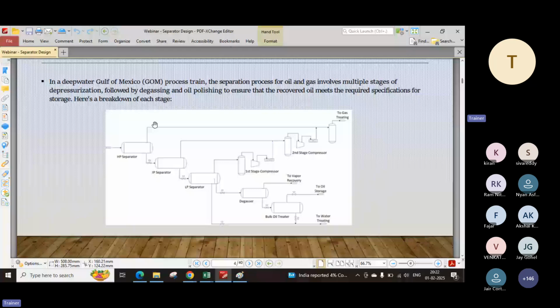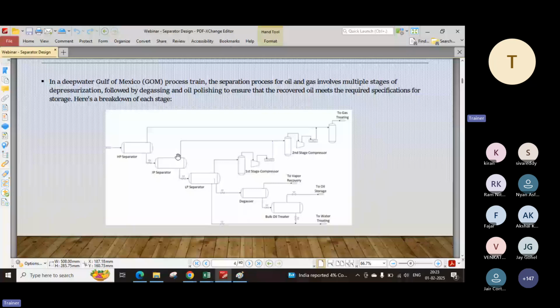The lighter liquid is taken to the next separator, called the IP separator or intermediate pressure separator, then the low pressure separator. When we have a pressure reduction here, because of the pressure change the lighter liquid will flash, and any trapped gas will separate and flow back to the compressor.